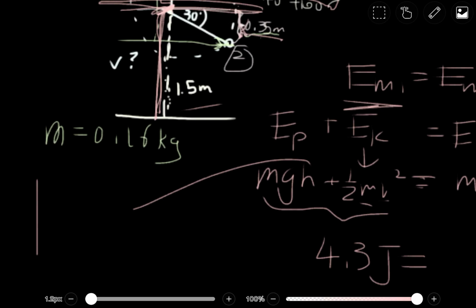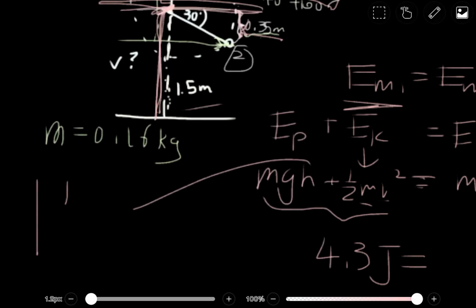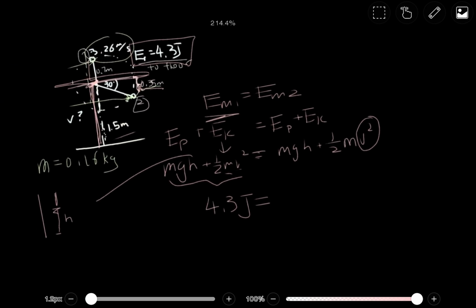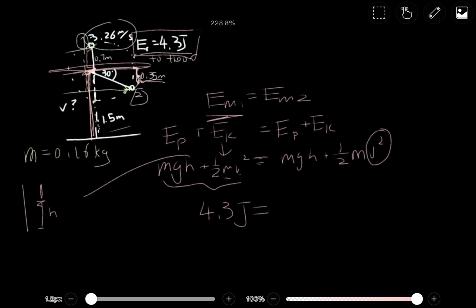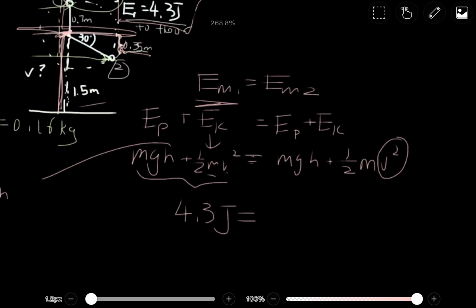If you're given 1.5 like this, and you have something at 0.35 here, then you're obviously going to look for this height. This is a height above your reference point, in this case the ground, which is just a little bit more difficult than what we did in the first step. So that means we're going to use 1.5 meters minus 0.35 meters.